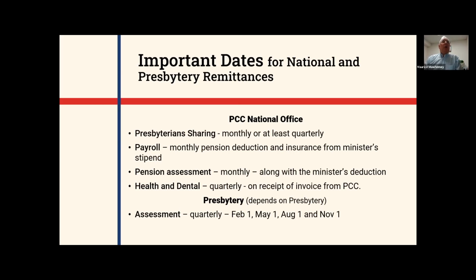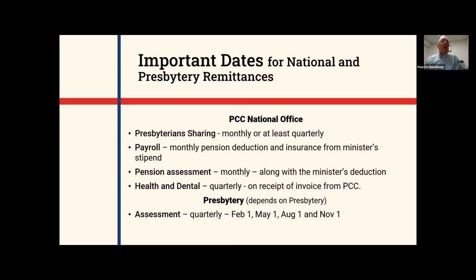Again, we need to do the monthly remittances for the pension deductions and insurance from the minister's stipend. We need to be paying the monthly assessments. Health and dental comes out on a quarterly basis. And so whenever you receive that invoice, you need to promptly pay it as well.